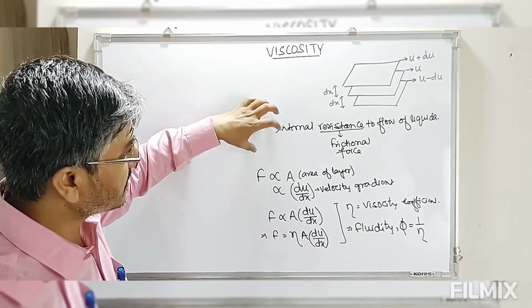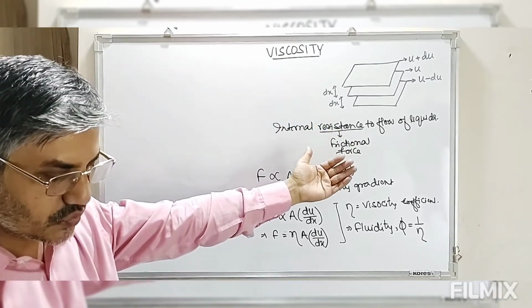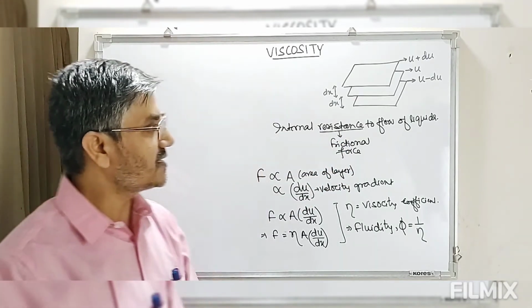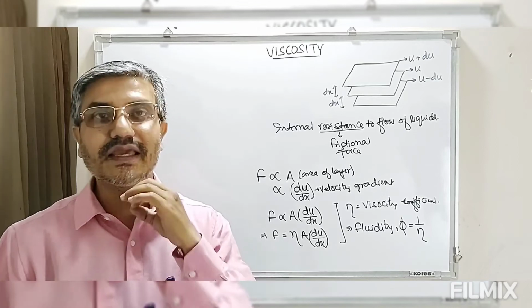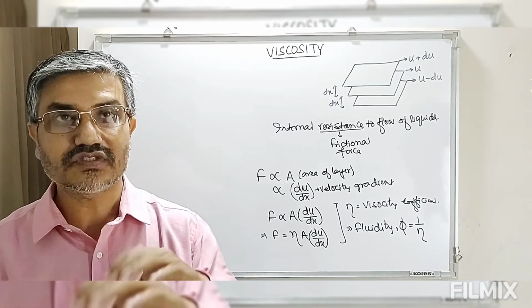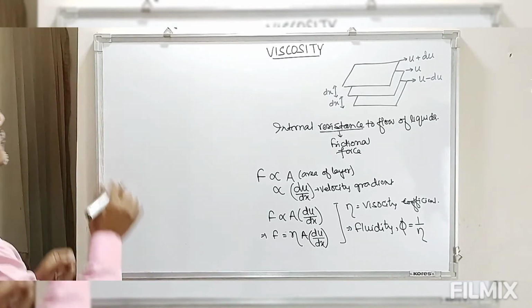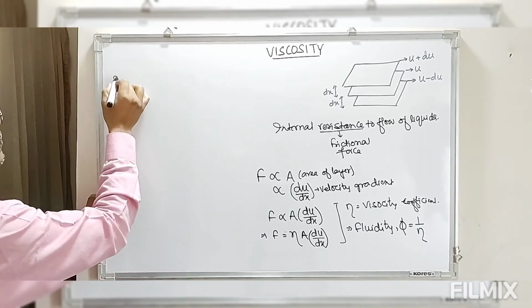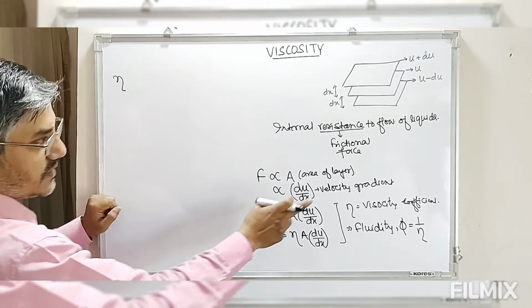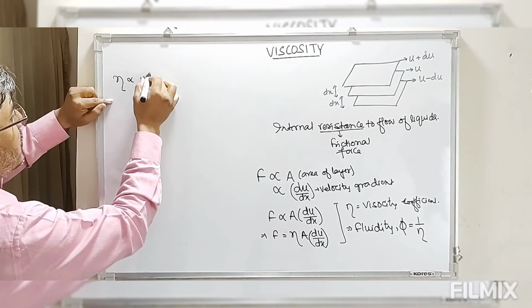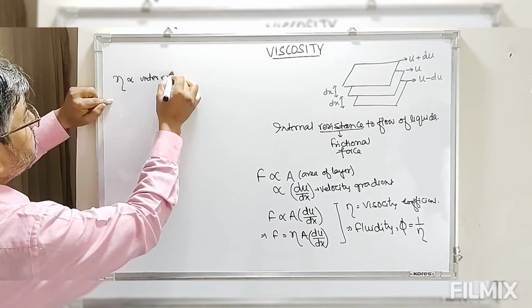Now look at this, we are saying that there is an internal resistance to the flow of liquid. That means this internal resistance is because of the intermolecular attractive force that exists between the molecules. So this viscosity coefficient η is proportional to intermolecular attractive force.